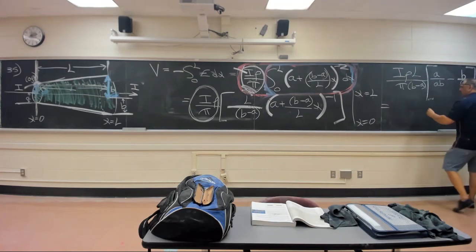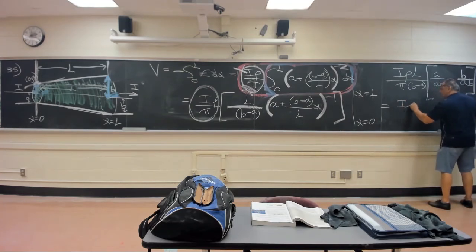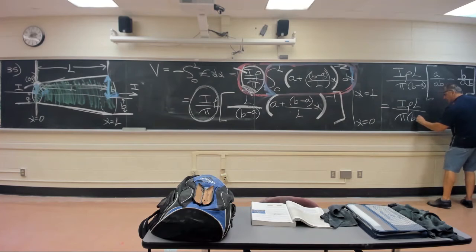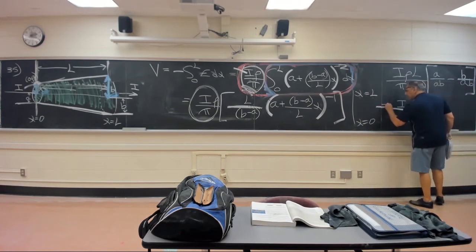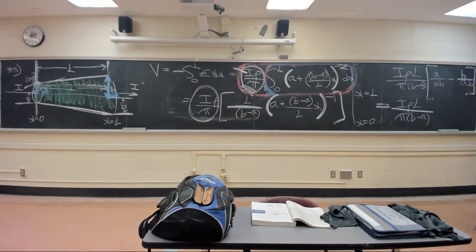So what we end up getting is I rho L over pi, b minus a, and this right here is a minus b over ab.